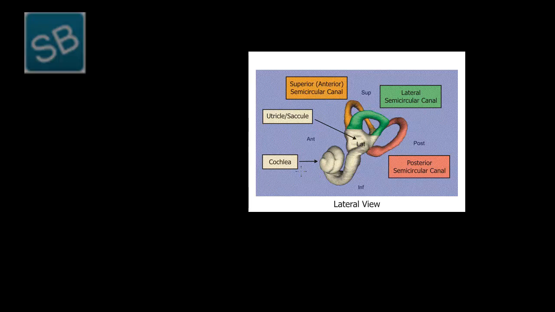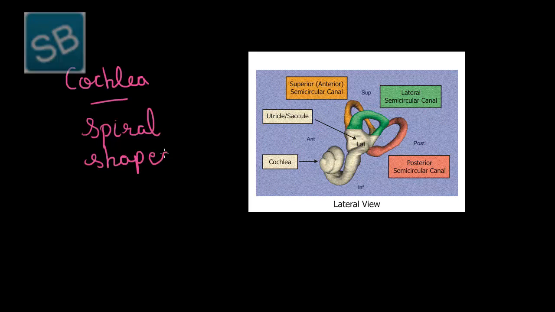Now, third and the innermost portion of inner ear is called cochlea. As it can be seen from the figure, cochlea is a spiral-shaped structure or we can say that it looks like a shell.